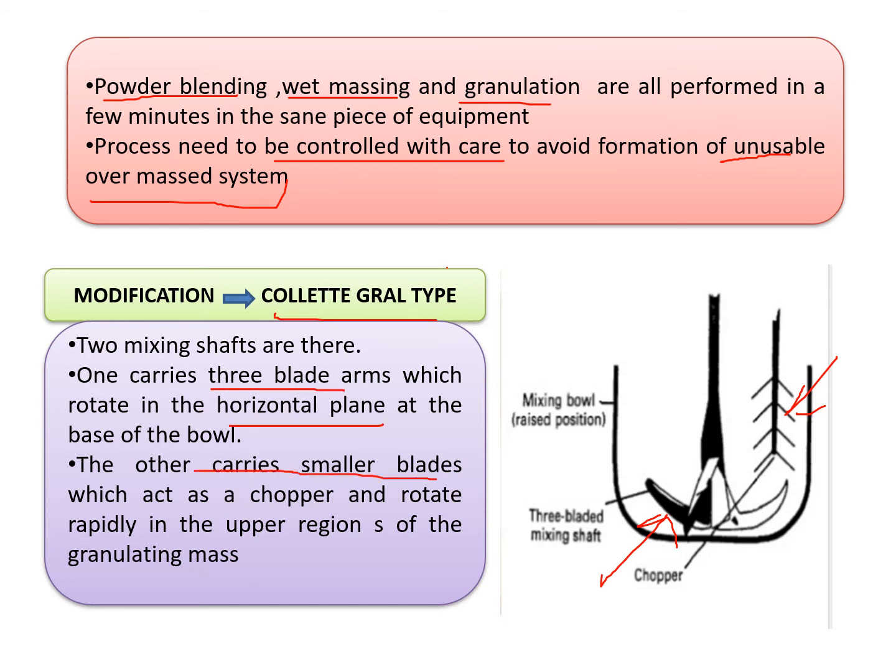The other carries small blades which act as a chopper, and it also rotates, but in the upper region of the granulating mass. This is a chopper and this is an impeller. So it is rotating above the granulating mass, and this is called the Collette-Gral type.